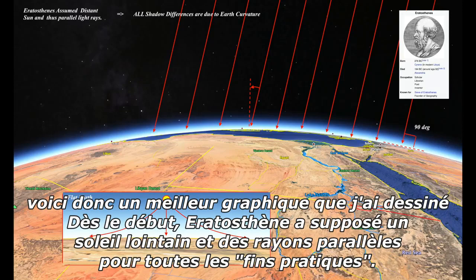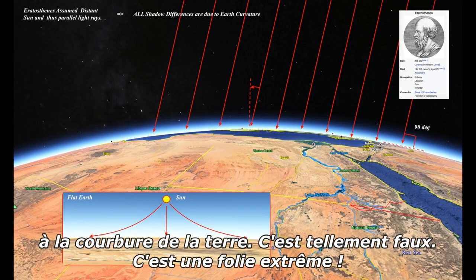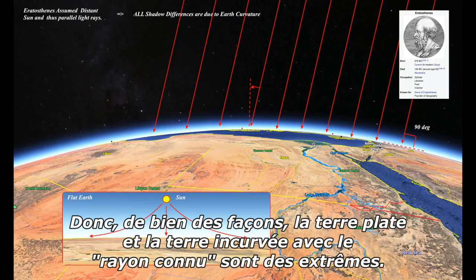So here's a better graphic I drew. Up top, Eratosthenes assumed a distant sun and thus parallel light rays for all practical purposes, which implies all shadow differences are due to Earth's curvature. That is a crazy extreme on one end. In many ways, the flat Earth and the curved Earth of the known radius are extremes.